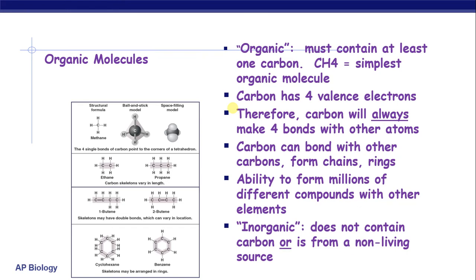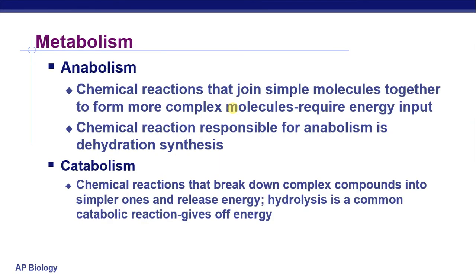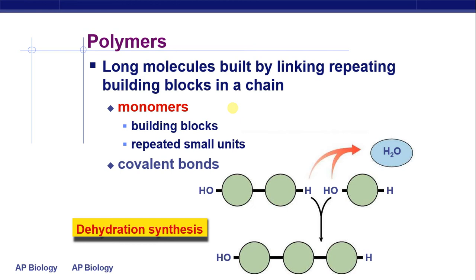So that's going to bring me to the two most important catabolic and anabolic reactions in your body. So, all biological macromolecules are called polymers. And polymers are long molecules built up by linking repeating building blocks together into a chain.